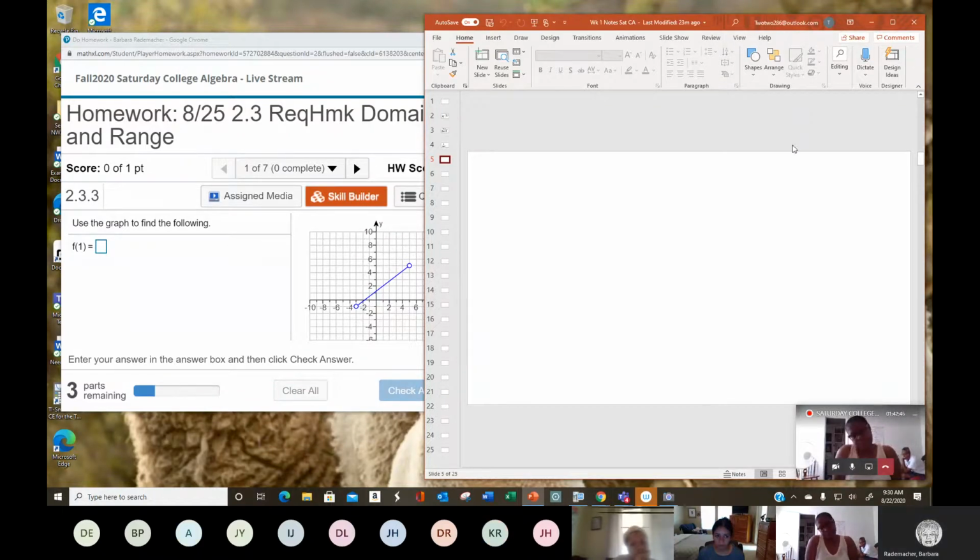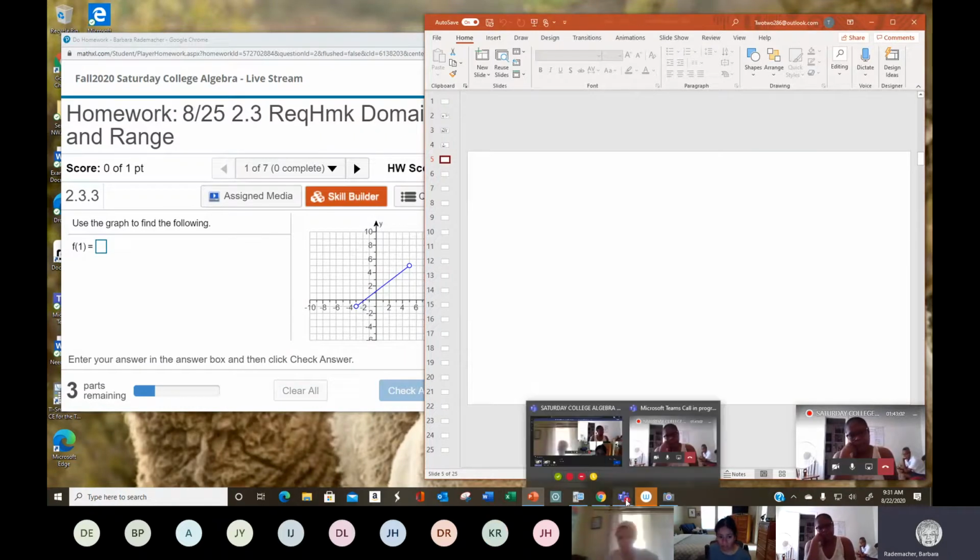Okay. What to do about that? I don't know. Is it small? Okay. If you hover your mouse over the Teams icon, you should see two pictures. Mm-hmm. Oh, and I should see two pictures.